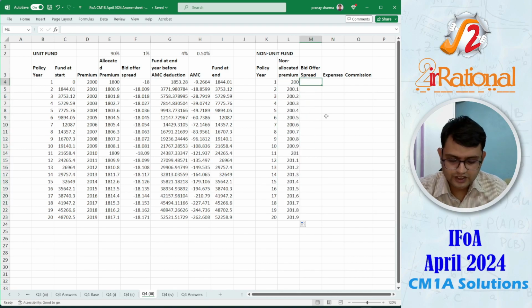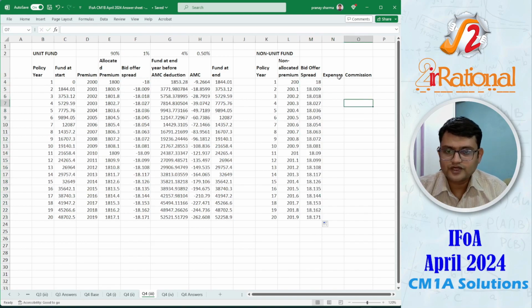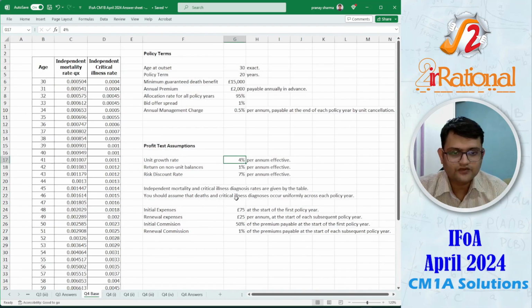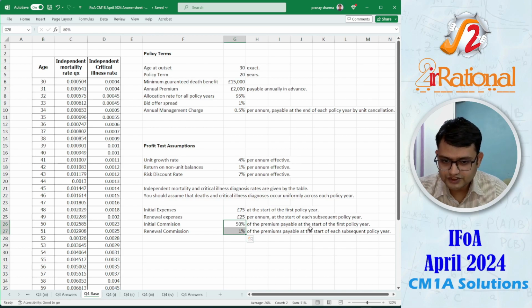Bid offer spread here is going to be positive because it is an inflow, so minus of this value because I had taken negative in the unit fund. And expense and commission, we'll look at that from the base. So initial expense 75, renewal 25, initial commission 50%, and renewal commission is 1% of the premium.